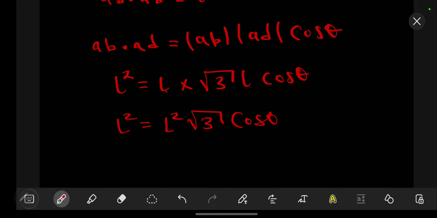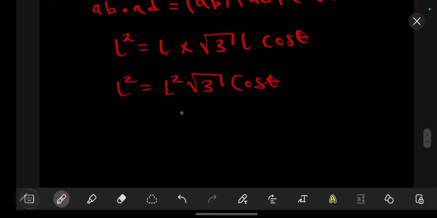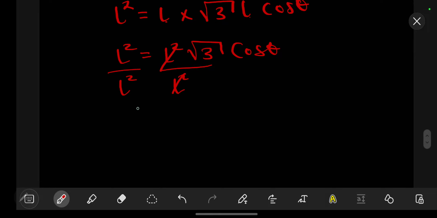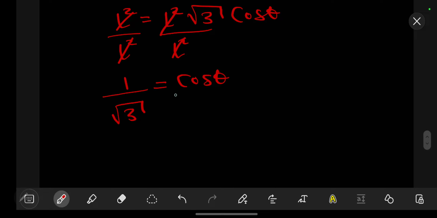Then we have the cosine of theta. So we are going to divide over our L squared. This one will give us a value of L divided by L squared, which will be equal to 1 over the square root of 3, which should be equal to the cosine of theta. So when we do this, we can now find the angle by just saying cos inverse.